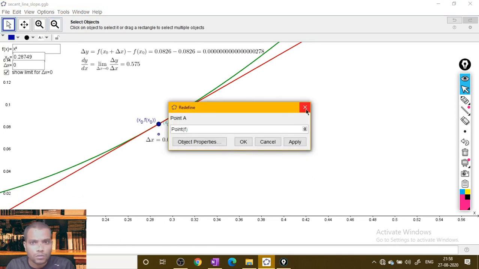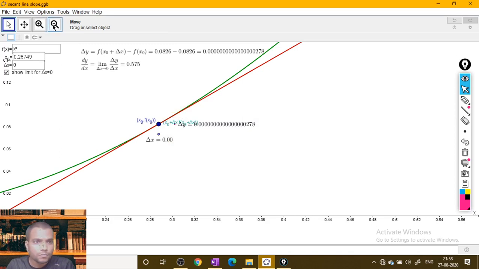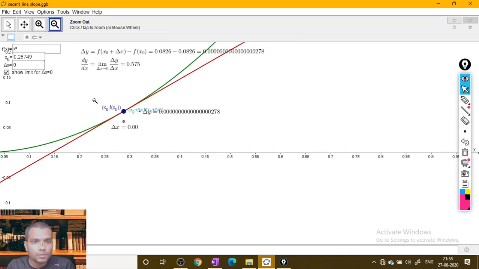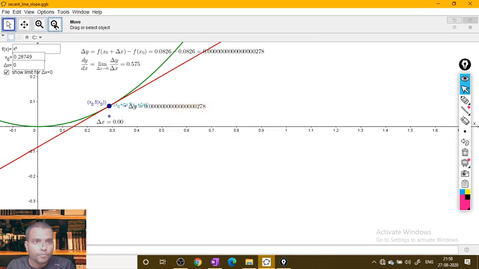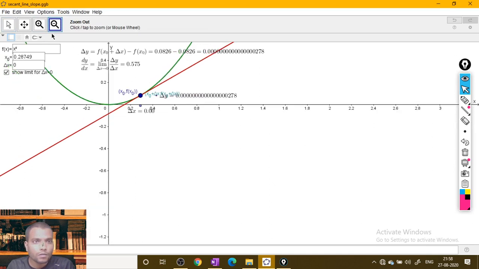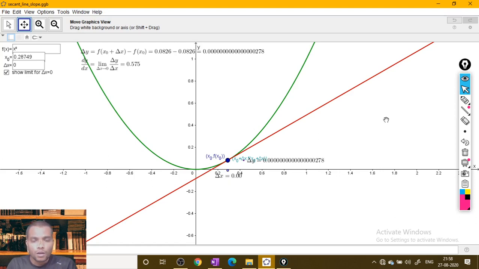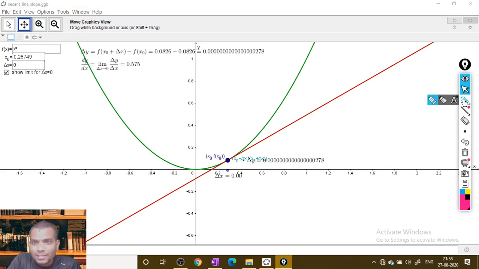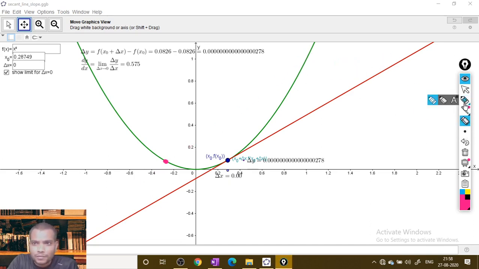Yeah, this is something we know. Earlier the line was touching at 2 points, and we call this a secant in mathematical language, but now it is touching at 1 point.